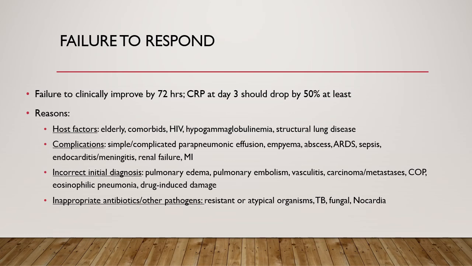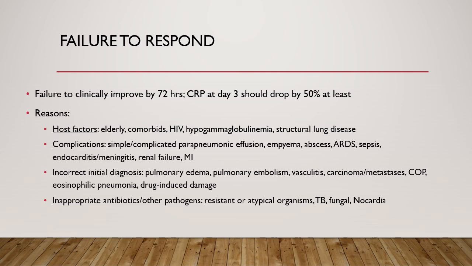For instance, there may be a parapneumonic effusion, a simple or a complicated one, or there may be an empyema or an abscess, or the patient may be going into ARDS. The patient may have septicemia with hematogenous seeding in other organ systems, like endocarditis or meningitis, or they may have developed renal failure or an MI, because of which they may be going further downhill.